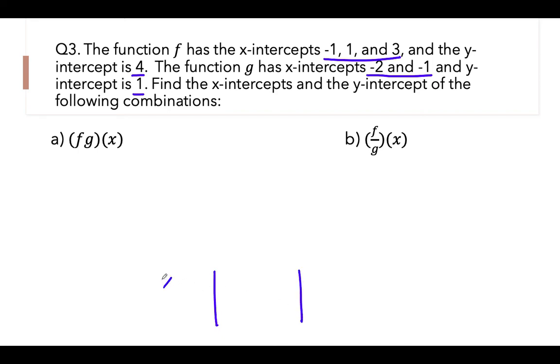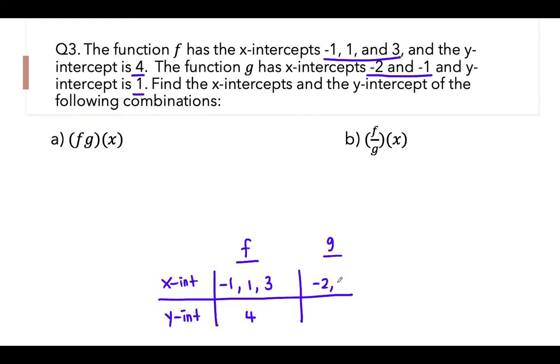This will represent x-intercept, and this will represent y-intercept. For function f, the x-intercepts are -1, 1, and 3, and the y-intercept is 4. For function g, the x-intercepts are -2 and -1, and the y-intercept is 1.